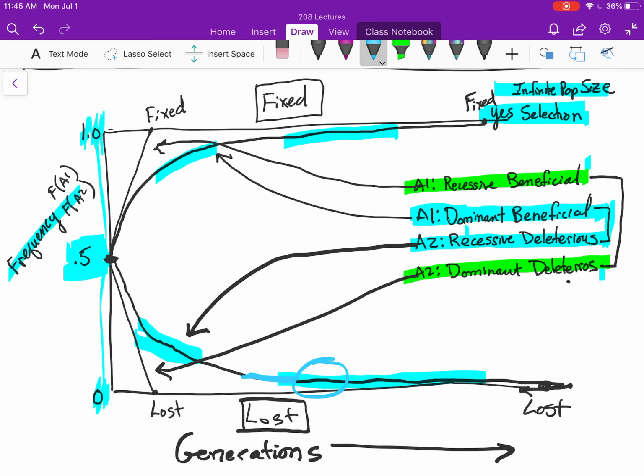The other non-intuitive thing is that recessive alleles are more likely to go to fixation when they're beneficial than dominant alleles. And so we have a whole bunch of things that really upset the apple cart in terms of what people expect to happen in evolution. So I encourage you to experiment with this, look carefully, and think about what it means for our understanding of how evolution progresses.